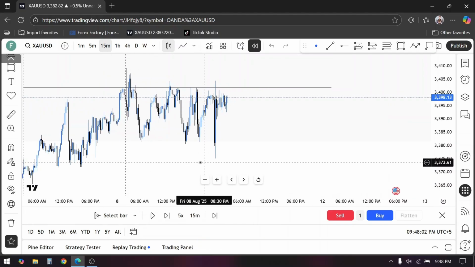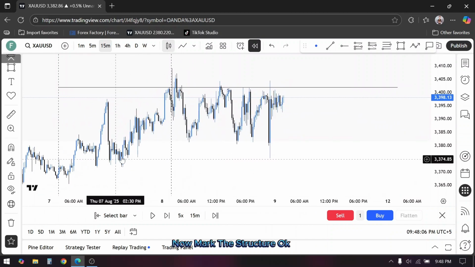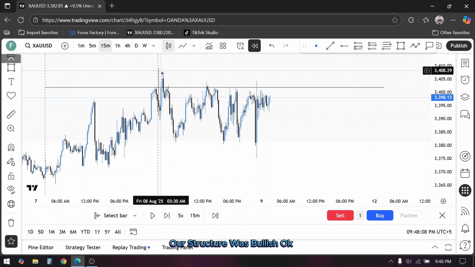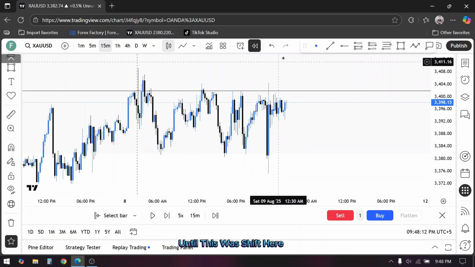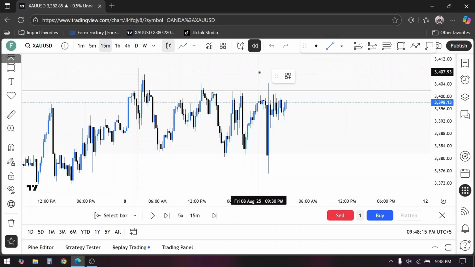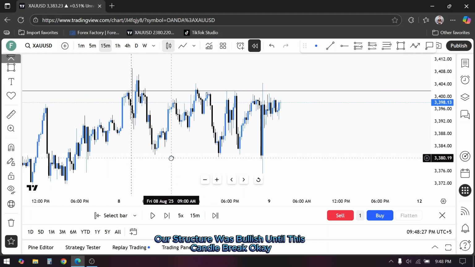Now understand. Now mark the structure. Our structure was bullish until this candle broke.